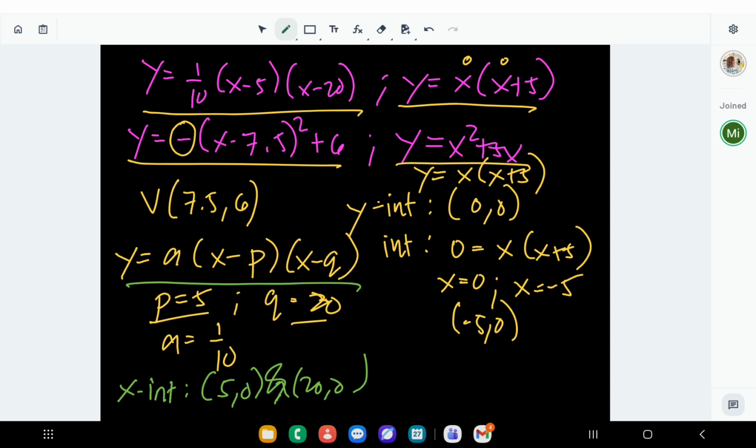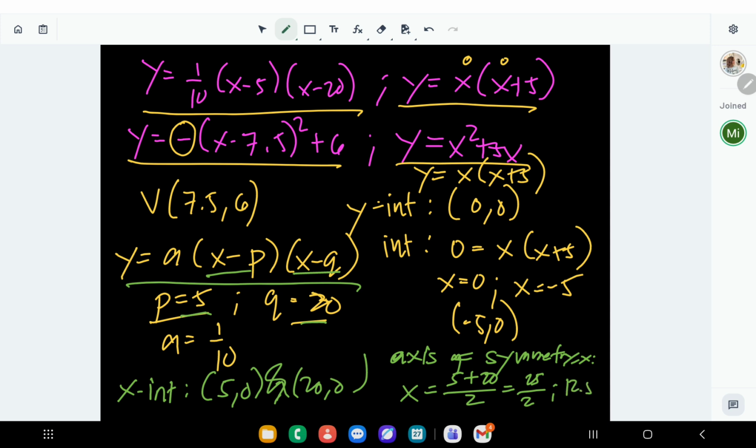The axis of symmetry is the line halfway between the roots. So the factors are x minus p and x minus q, and the roots are 5 and 20. So the axis of symmetry, x, is just the line halfway between the roots. So this is (5 plus 20) over 2, that is 25 over 2, or 12.5.